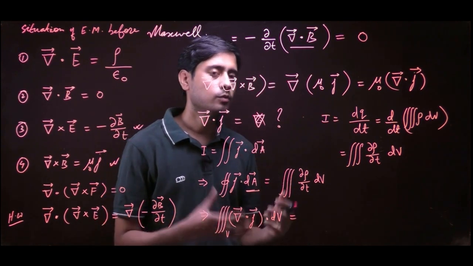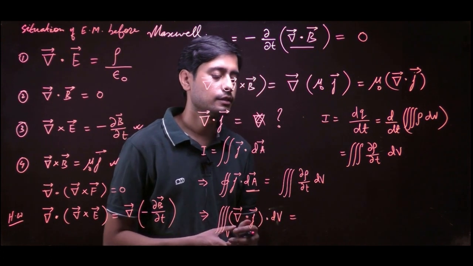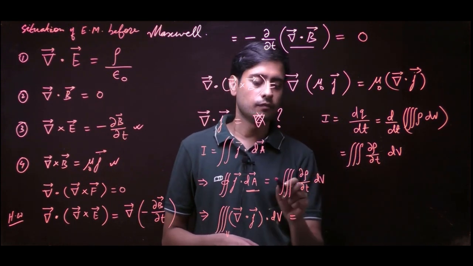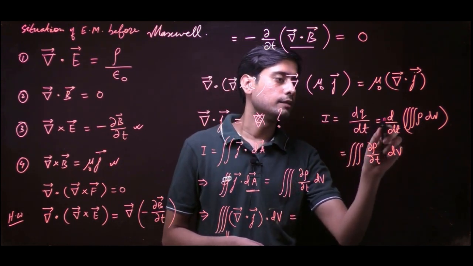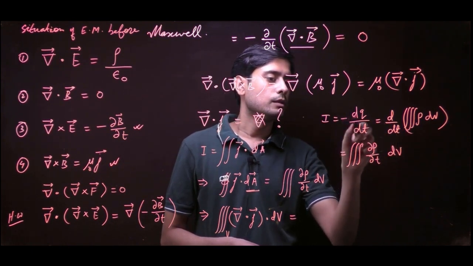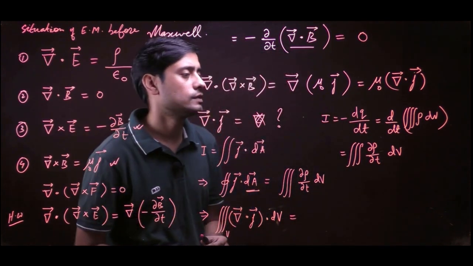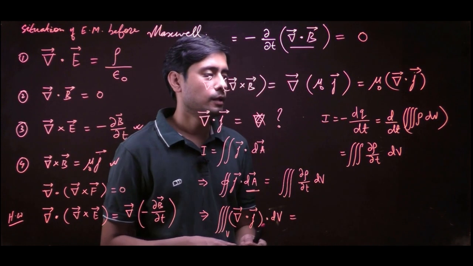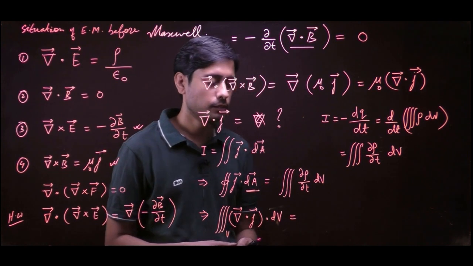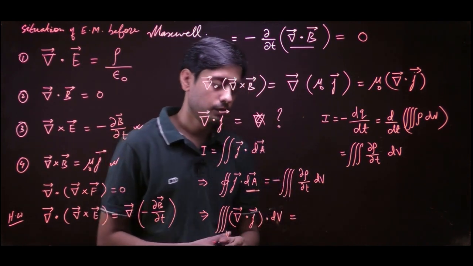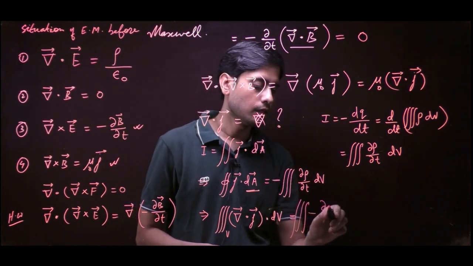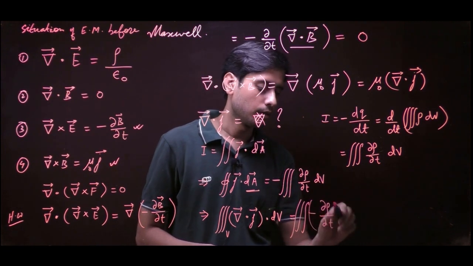So the amount of charge must decrease if the current is increasing. So there must be a negative sign here. Not in all situations is it minus dq by dt, but if charge is coming out, then there is a current, so it must be with a negative sign. So this is equal to minus del rho over del t times dV.